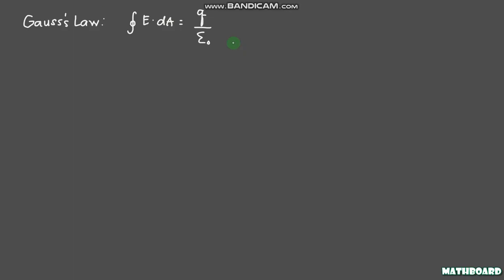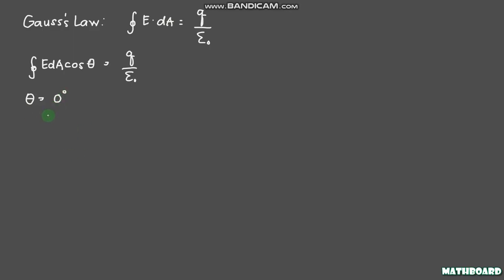Then we know that that product is just the same as E dA cosine of theta, so it is equal to Q divided by epsilon naught. Since the electric field and the differential area are parallel, our theta is equal to 0 degrees.